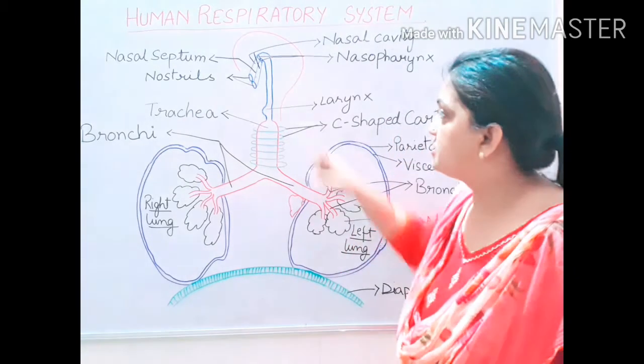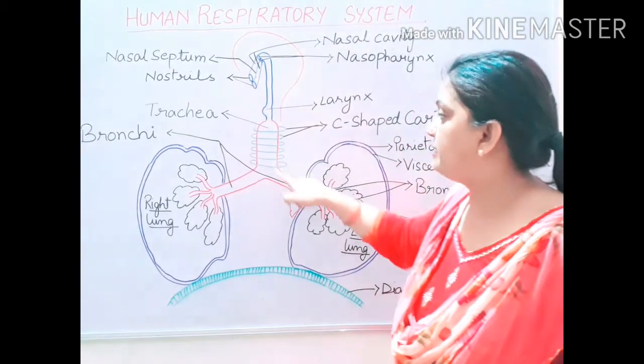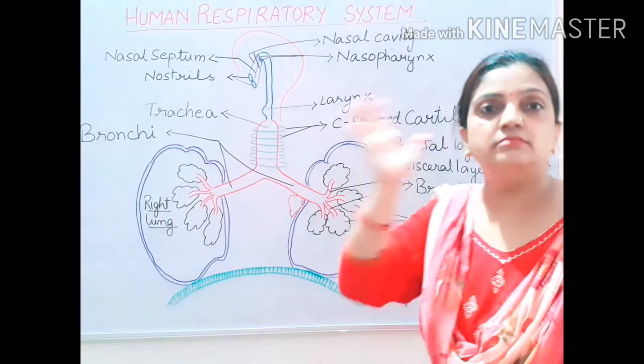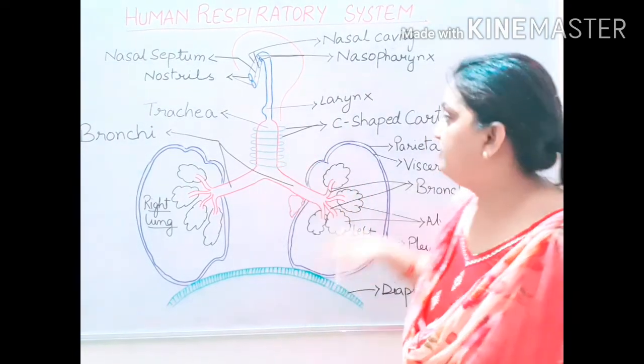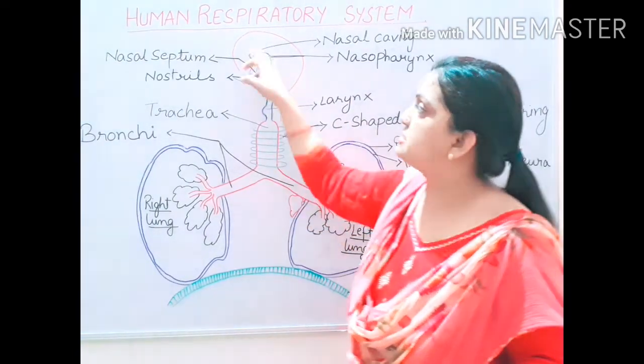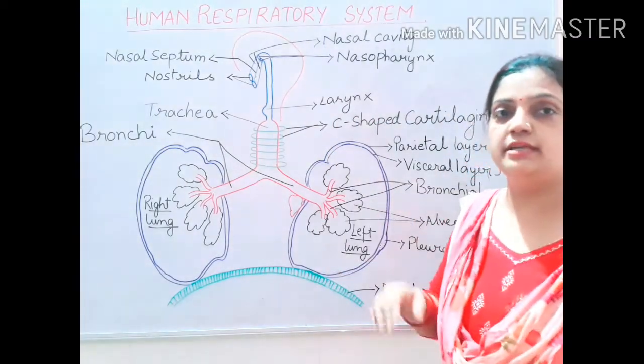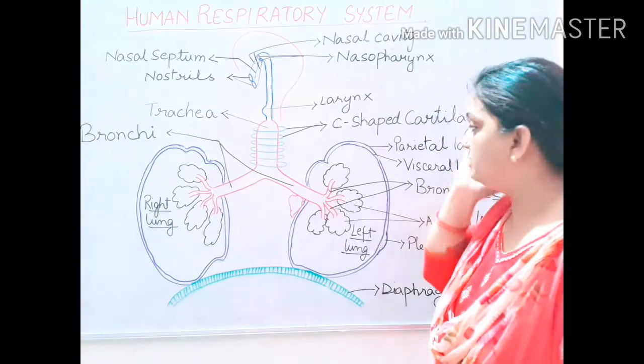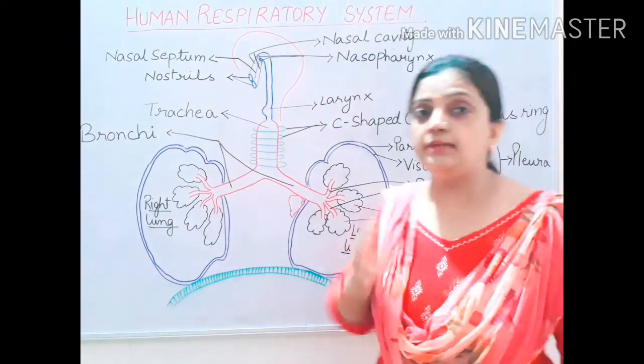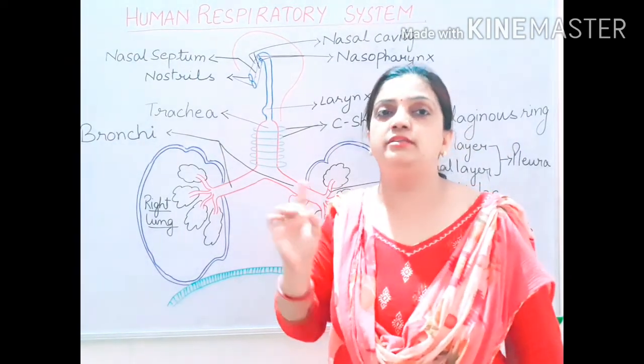When the oxygen from here enters inside the alveoli, it will swell like a balloon, and when carbon dioxide is released out, it will again squeeze down. So it is a balloon-like structure present inside the lungs. So alveoli plays a very important role in respiration.